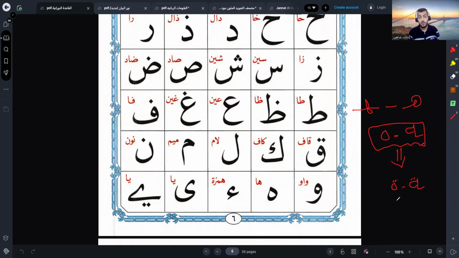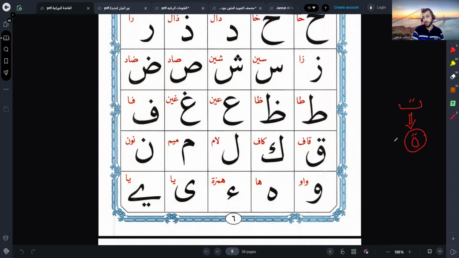The letter ta has two shapes: the open one that we all know from last time, and this circled one, which we call in Arabic the marbuta. If this circle has no dots, it's ha. If it has two dots, it's ta. Please remember two dots for ta.